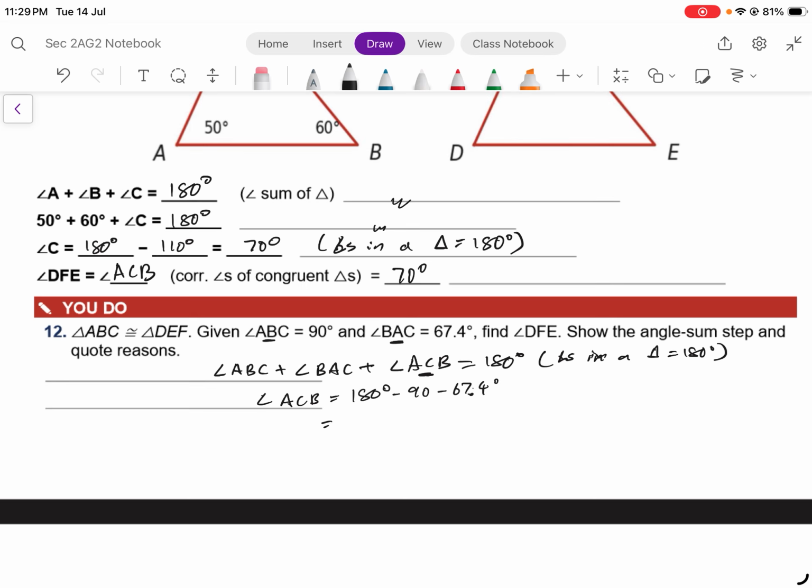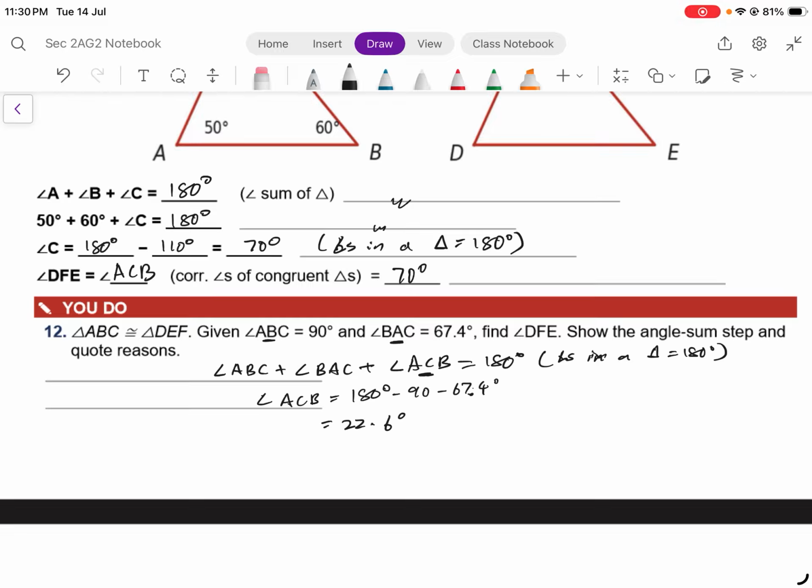So 90 minus 67.4, you get 22.6. Right, 90, 89, 22. Alright, so 6 plus 4, 10, 90. Okay. Show the angles and steps.